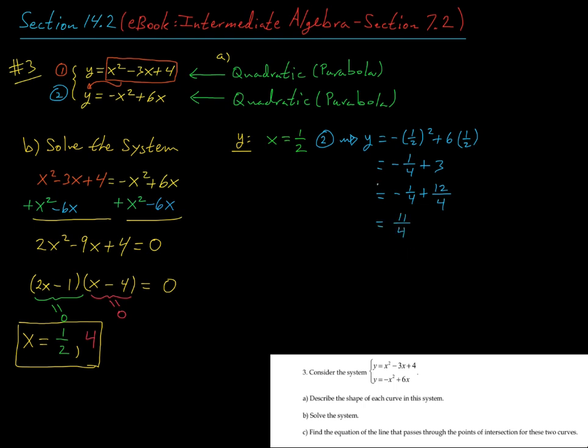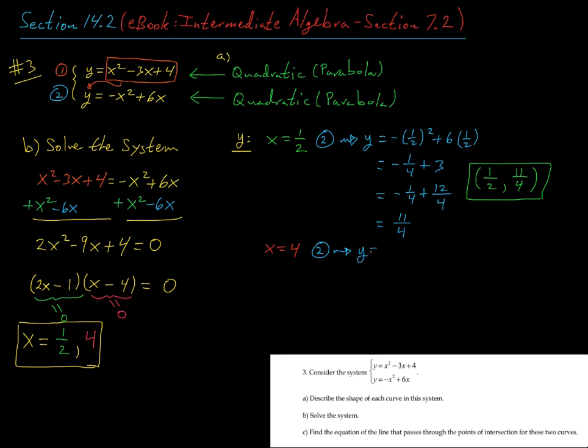So this gives us the ordered pair 1/2 for x and 11 fourths for y. And then for x equals 4, you can do that down here. We'll go ahead and again just plug into equation 2.